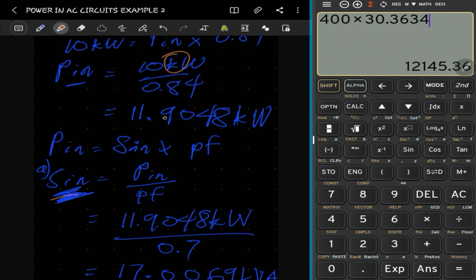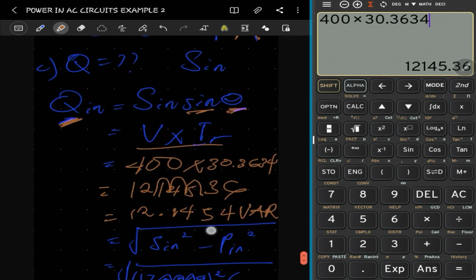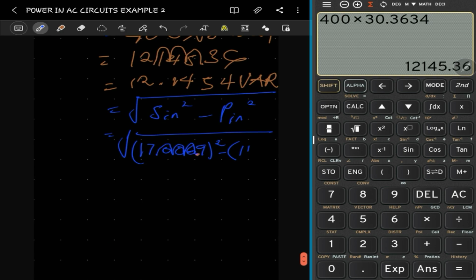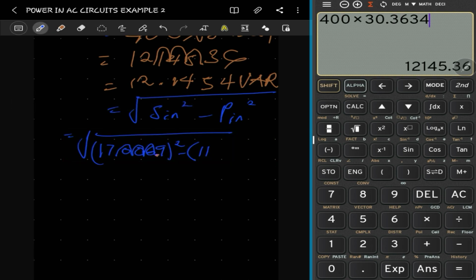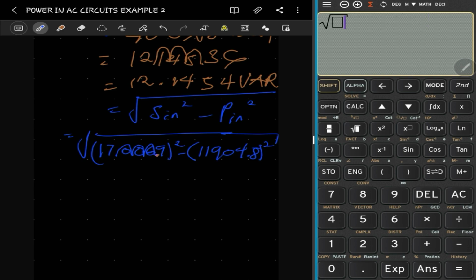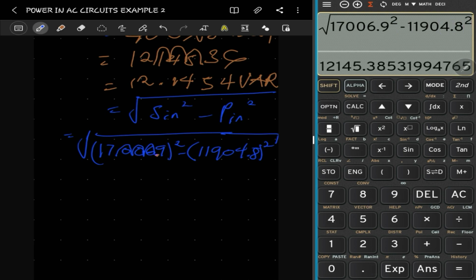If we move it 1, 2, 3, we have 11904.8, squared. So we have the square root of 17006.9 squared minus 11904.8 squared, right?